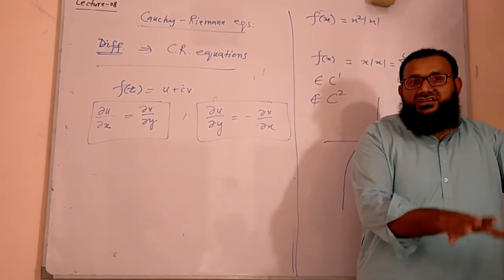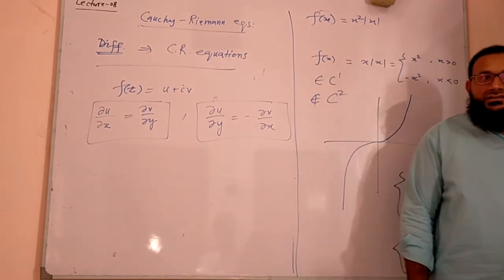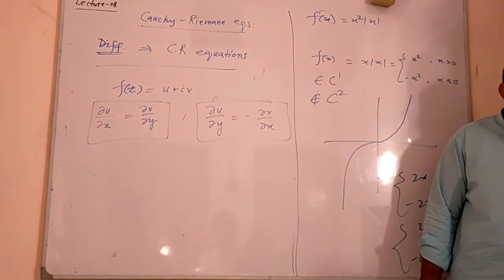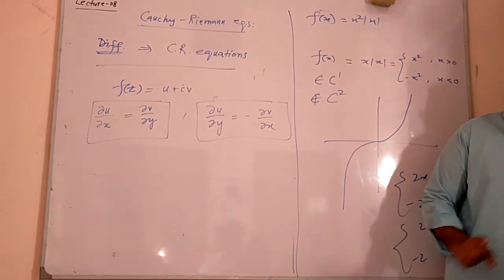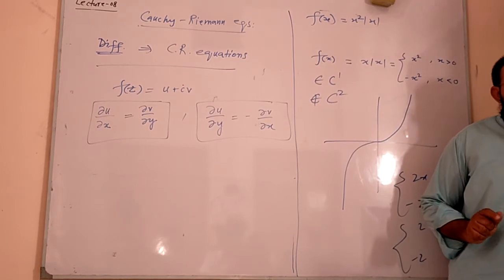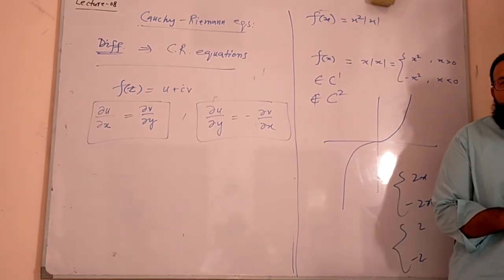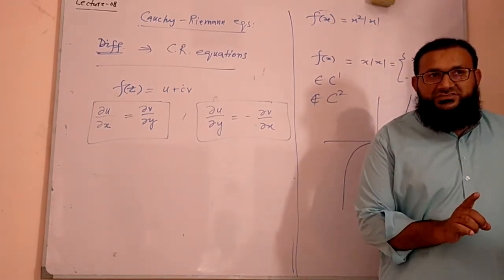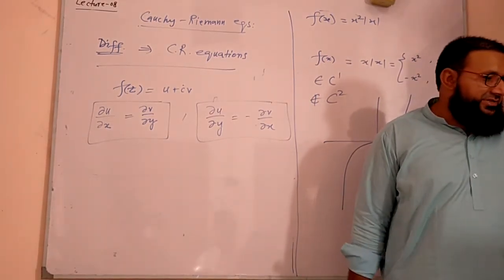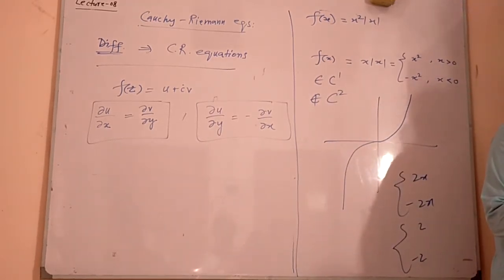If CR equations are satisfied, it does not guarantee that the function is going to be differentiable. But one thing else, we can take the contrapositive of this. If CR equations are not satisfied, it will not be differentiable. So this is what we call the contrapositive.